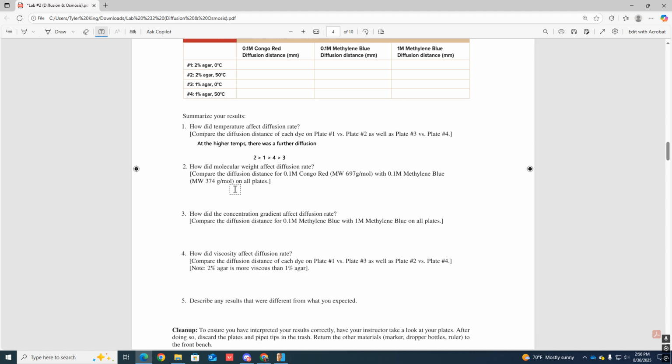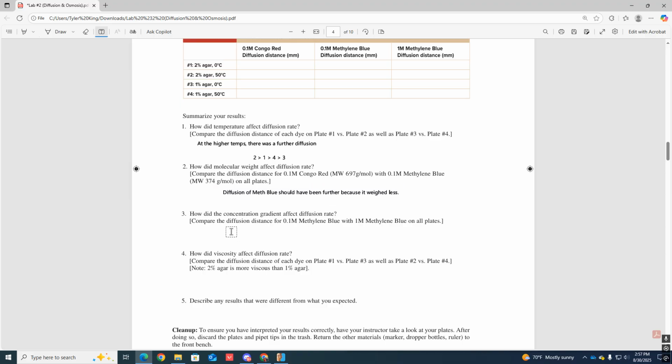What about the molecular weight? Okay, we have the weights here, 697 grams per mole, 374 grams per mole. Heavier, lighter. So what should have happened here? Diffusion of methylene blue should have been further because it weighed less. That's what should have happened, okay?